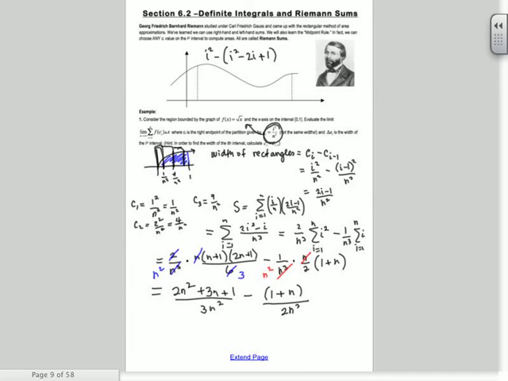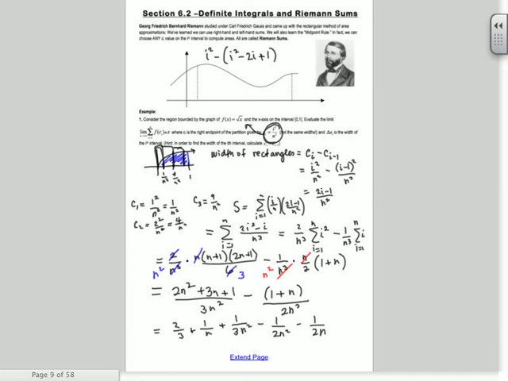Okay, and then bring the denominators in each piece. So it's going to be 2/3 plus 1 over n plus 1 over 3n squared minus 1 over 2n squared minus 1 over 2n.